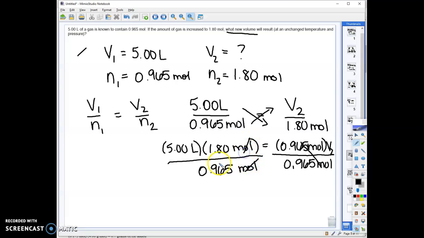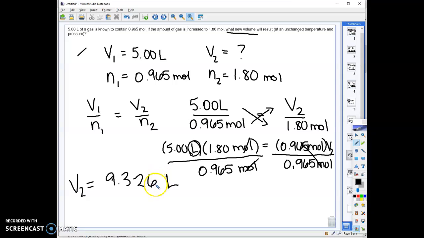My units of moles cancel. I'm left with liters, which is what I'm solving for with volume. So I'll multiply 5.00 times 1.80, divided by 0.965, and I get a volume of 9.326, and that unit is liters.